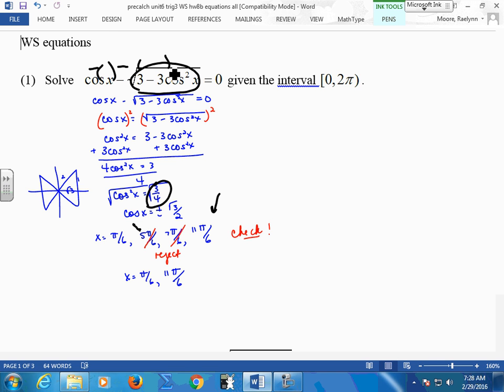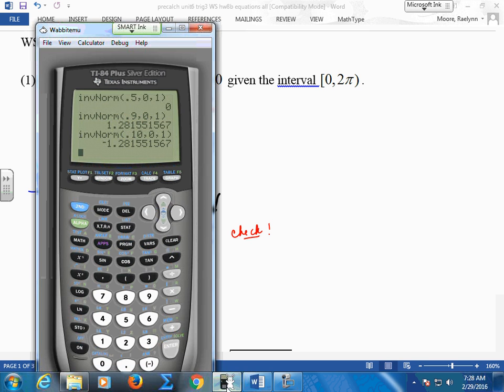Sometimes just throw it in your calculator. Put your calculator in radians and just plug it back in and check it. How would you do cosine squared? You would do it the same way. Just say the cosine of 30 squared, but make sure you put the parentheses back there. I'll just put this in degrees for a minute.